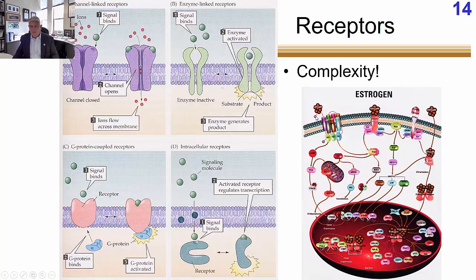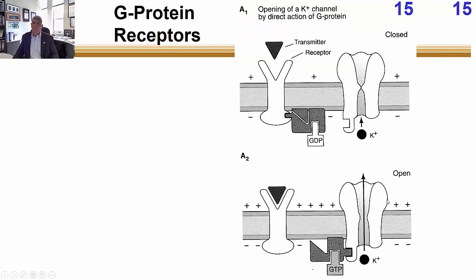You have your N terminal, which is going to bind to the estrogen, and then you have your C terminal, which is going to have your G proteins coupled to it. And then it can also act as an enzyme-linked receptor. So here we see that. Not only can the signaling be complex, but what happens after the signaling is very complex as well, and results in various different types of behaviors that you see represented here.